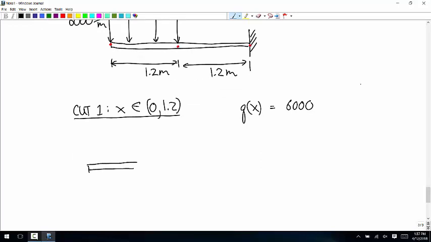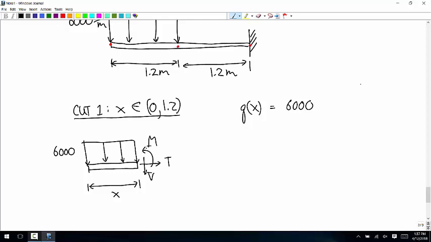Okay, so the first cut, the right end is somewhere inside that distributed load. The height is 6,000. The width of the piece is x. And then T, V, M. And now to treat that distributed load as a point force, the area of that rectangle is 6,000x.